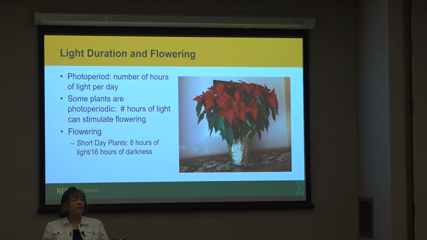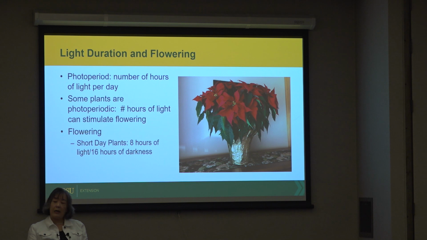Sometimes when we talk about photoperiod, we could use photoperiod to stimulate flowering. And say, for example, you're trying to get your poinsettia to rebloom. So you've kept it and you want it to rebloom again. You could give it a certain photoperiod. And here we're talking about getting it induced to bloom again.